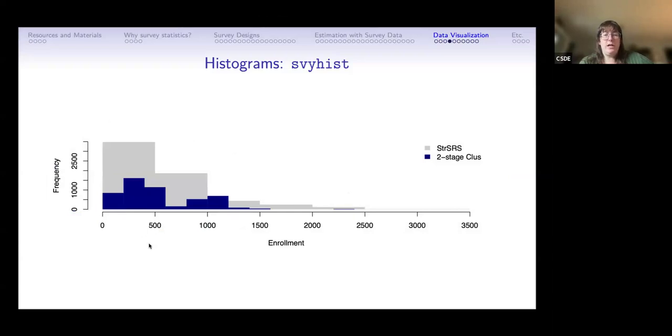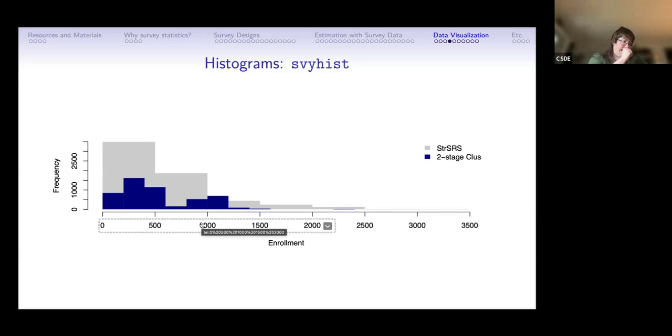So this is the result here. And why this is different from just going and making a histogram is that what we're seeing here is actually frequencies determined by the weights. The outcome for each school is just the enrollment it reported, but the height of the bars is determined by the sum of the weights that fall in that bin.